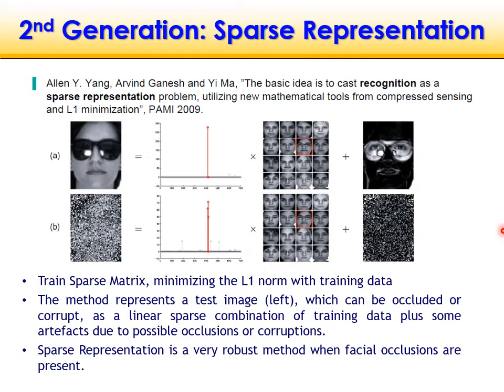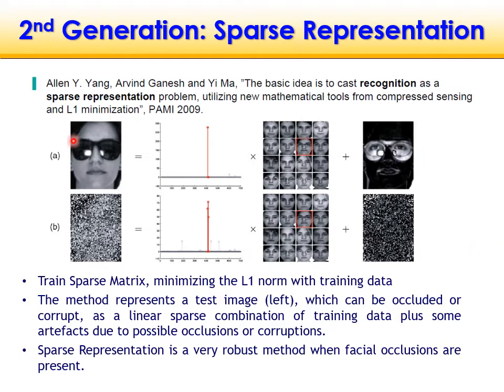One popular method in the 2000s was sparse representation. Sparse representation is a different way to project, to use subspaces, but instead of a linear approach it uses a different kind of subspace representation.